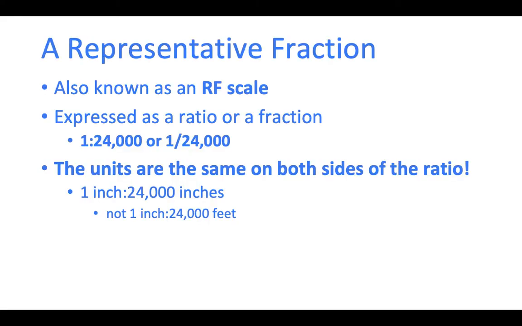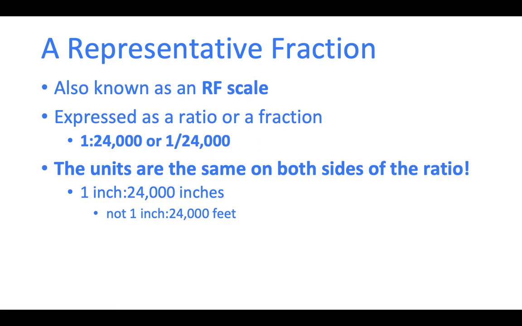Okay. Now with this is what I was just saying before, but it's worth stressing here. So with this fractional scale or the RF scale, representative fraction thing here, the key thing that students often forget or don't pay attention to as you're working with this stuff is that the units are going to be the same on either side. So whatever measurement I'm doing, inches, centimeters, whatever it might be, it's going to be consistent, right?